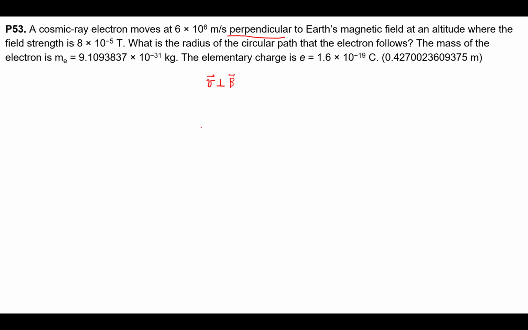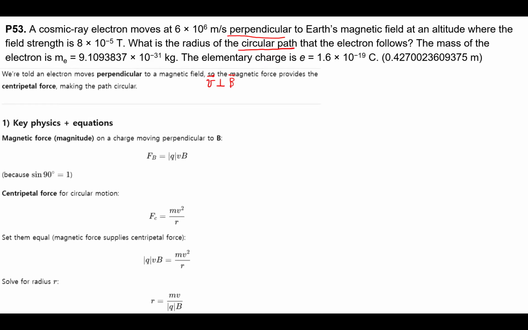Circular path, that is important. In the case of a circular path, we can define the centripetal force, and then we can find the radius. Okay, let's do it one by one.